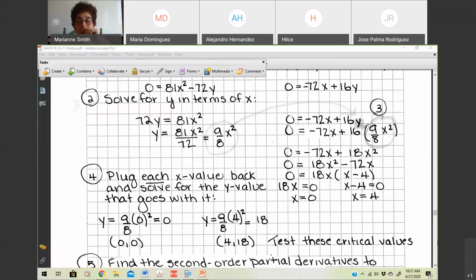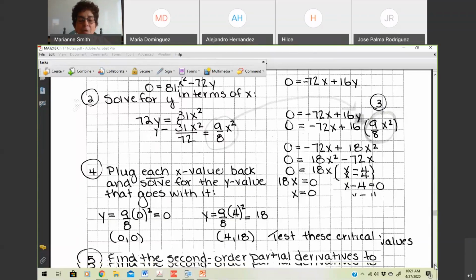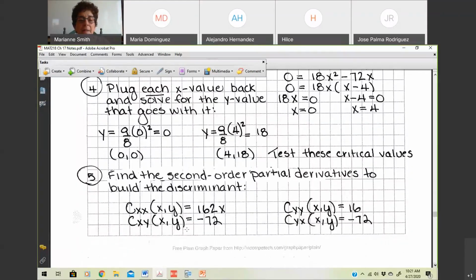Now I've got to test both of these. I need to build the discriminant, and then plug both of these in and see what they give me. So first, let me find my second order partial derivatives. And again, just take my word for it. These are the partial derivatives.